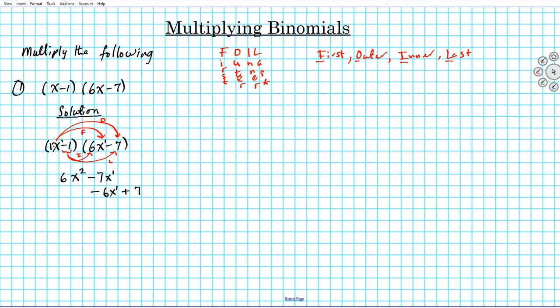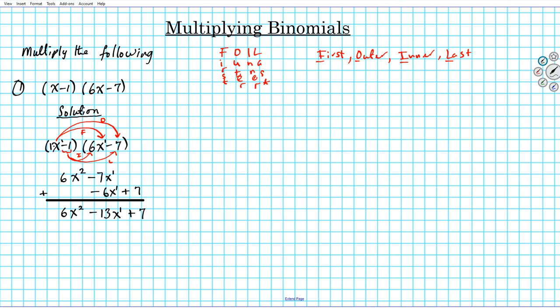Okay, so notice how I stacked the linear terms. The reason I did that is because they're like terms. When we're combining by addition, we can combine them together. So we're just going to add these up. So we have 6x squared. These two are the same sign, so you add and keep the sign. 7 plus 6 is 13x to the first power plus 7.